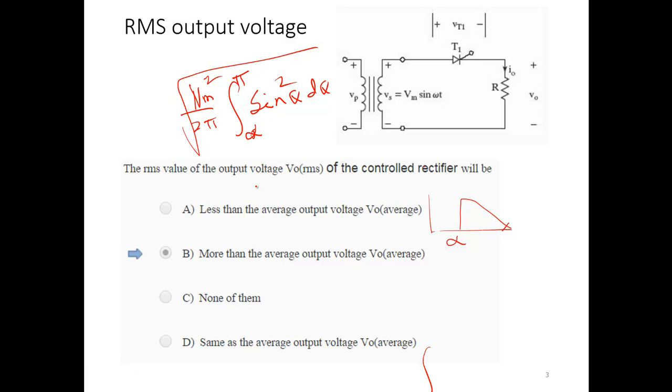You will find that this is always higher. The root mean square value is always higher than the DC value. If you have pure DC, then the RMS value and the DC value will be the same. On the other hand, if you have any other distorted waveform, the root mean square value is always more than the average value.